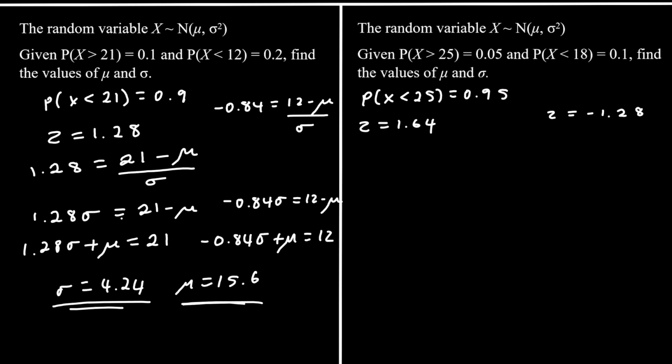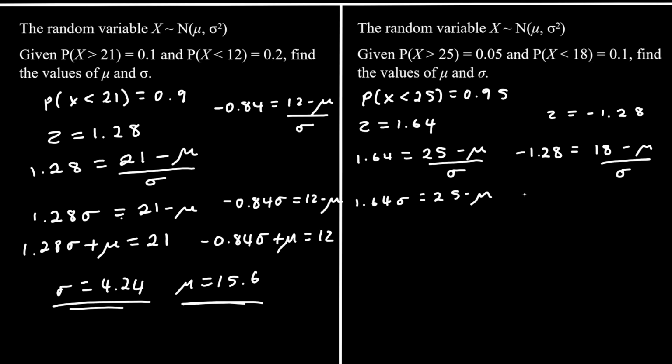So now we can put them into the formulas. z equals x minus the mean divided by standard deviation, and z equals x minus the mean divided by standard deviation. So two equations, two unknowns. We just need to solve them.